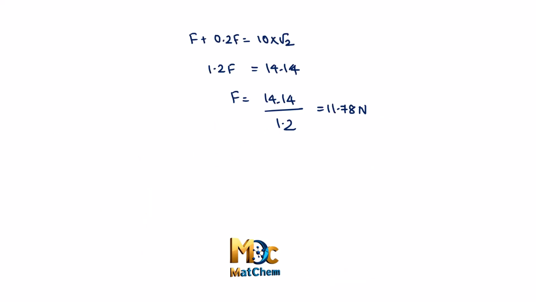Now we need to find out the work done. We have a displacement along the horizontal direction, so work done is equal to the component of force along the x direction multiplied with the displacement, which is 10 meter.